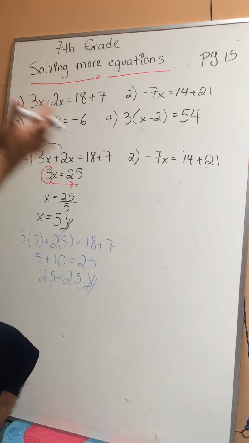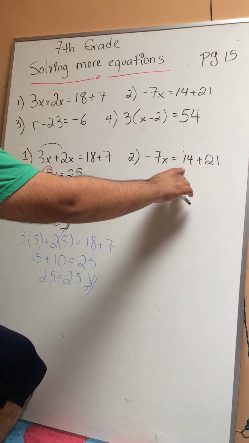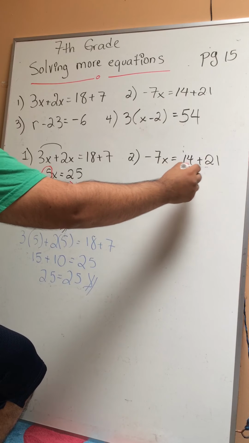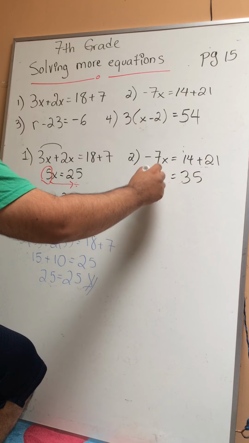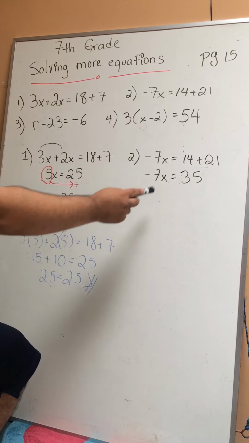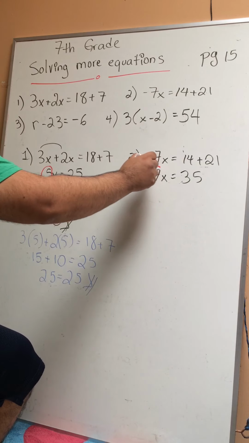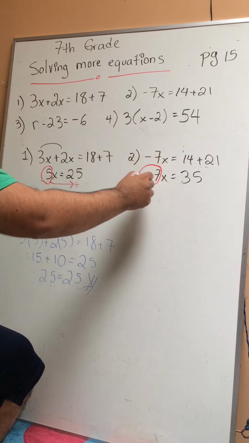Same thing, we add the numbers that we can add. So this would be 35 equals minus 7x.